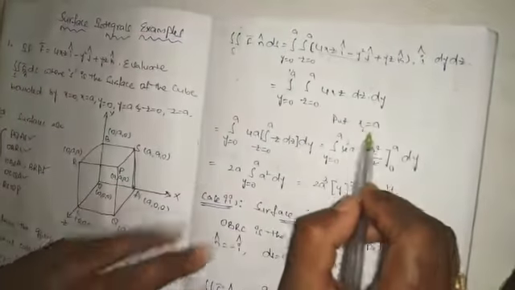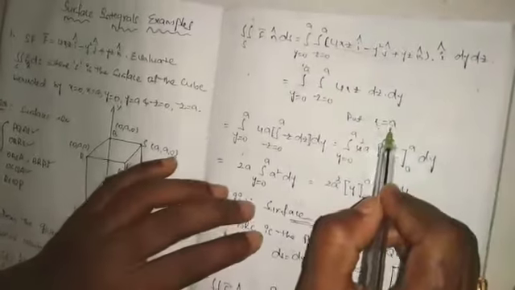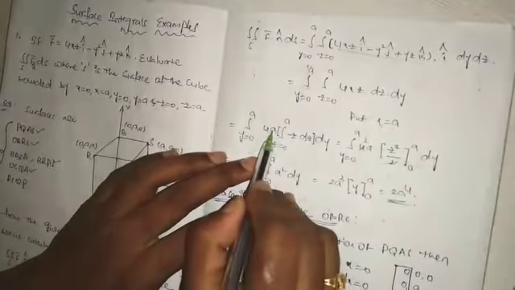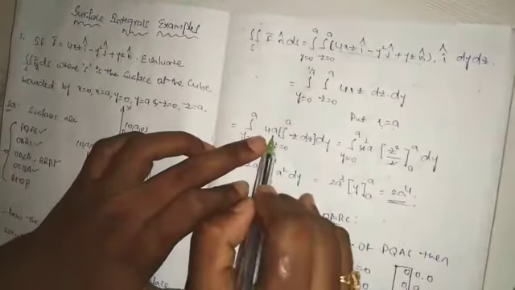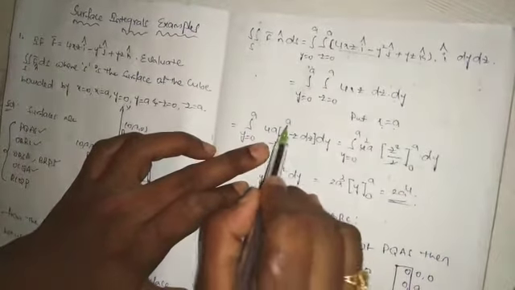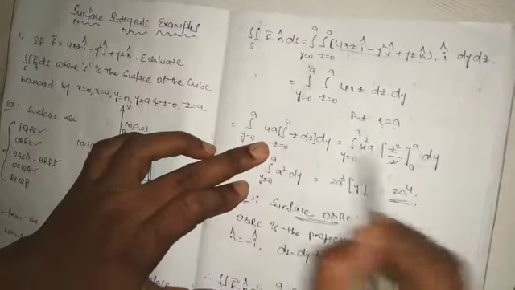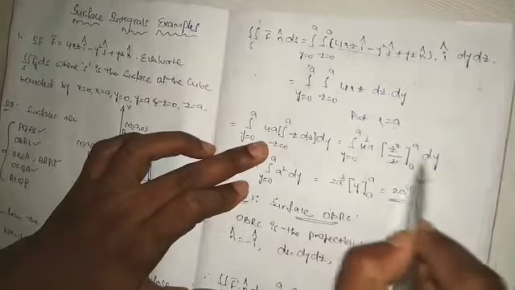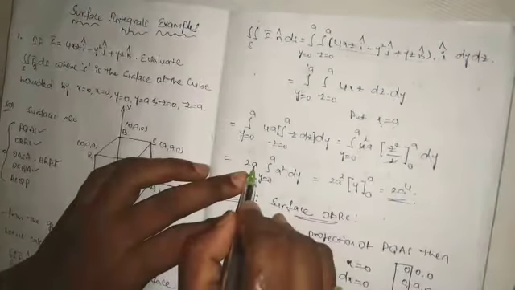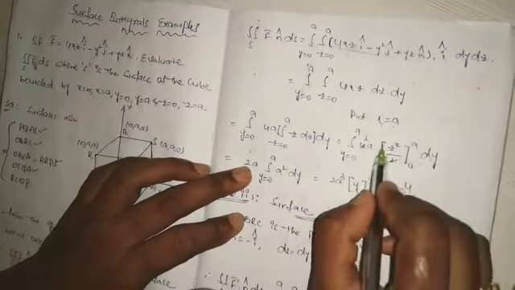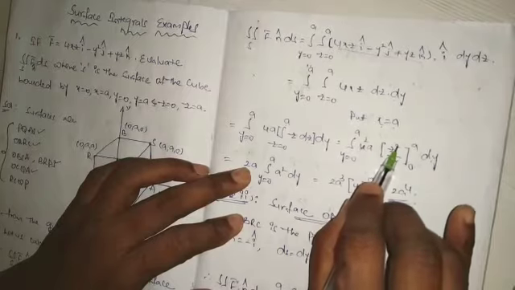Since x equals a, substitute x equals a; 4a is a constant, so integral y from 0 to a of 4a times the integral z from 0 to a of z dz, dy. The integral of z is z square by 2, and the 2 cancels with the 4, leaving 2a outside, and upper limit z equals a gives a square.